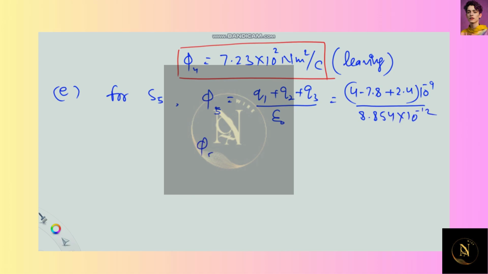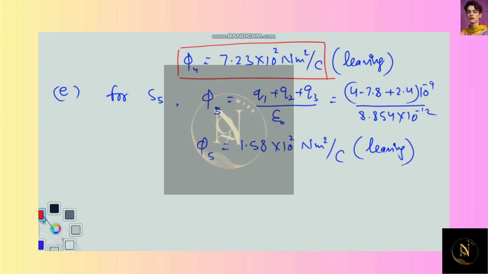So finally phi comes out to be equal to 1.58 into 10 raised to power 2 Newton meter square per coulomb. Positive means the flux is leaving through the largest Gaussian surface S5.